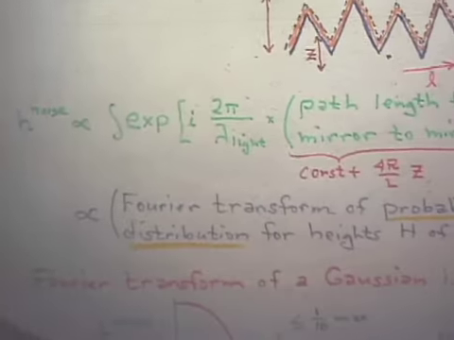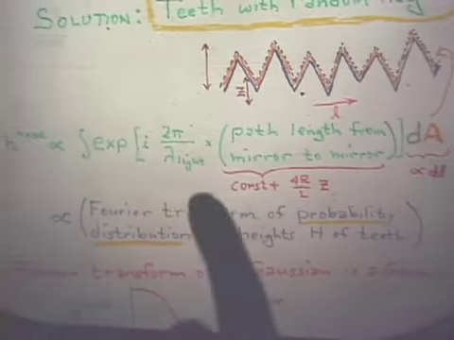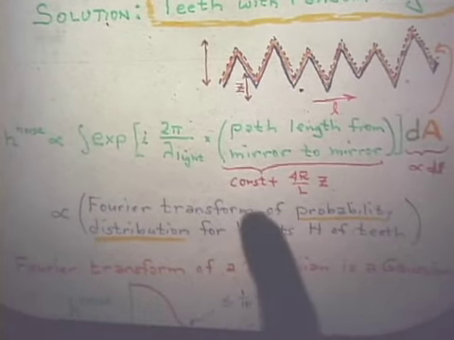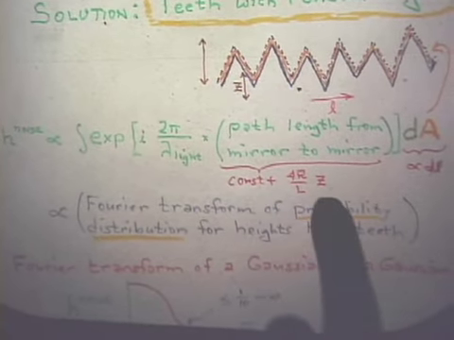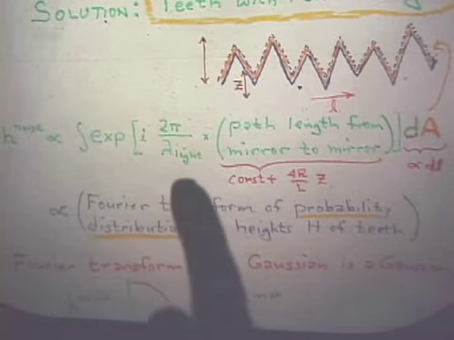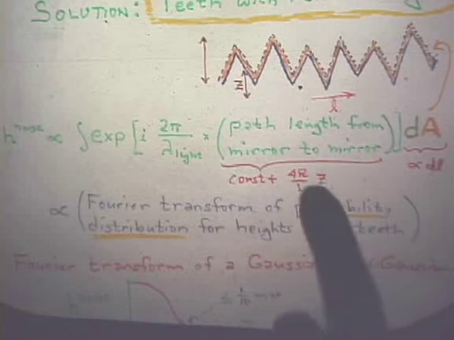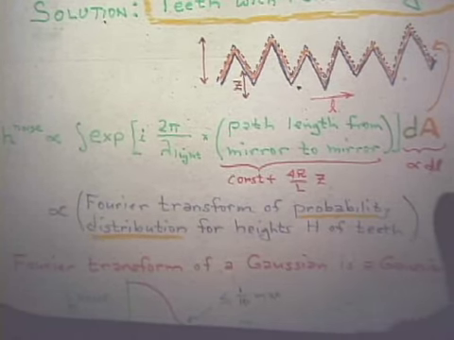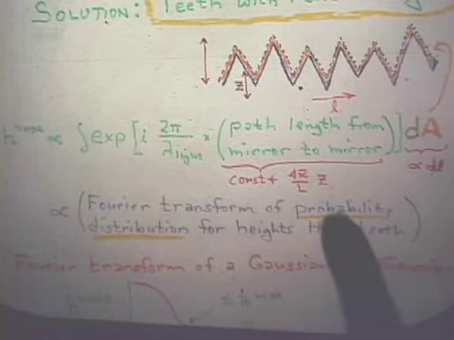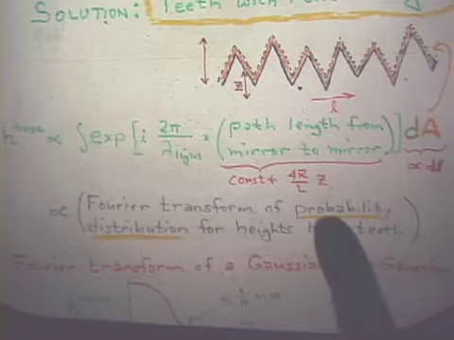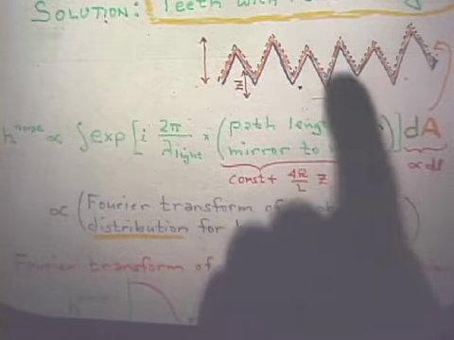So it's because you're doing an integral of e to the 2 pi i, path length from mirror to mirror is proportional to z, and you're integrating with z being some function of L. And that function of L is actually Gaussian distributed, basically, or the heights of the peaks and valleys are Gaussian distributed.